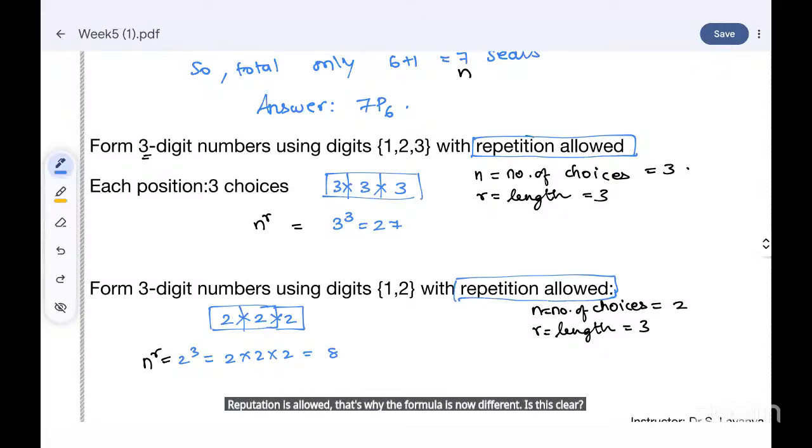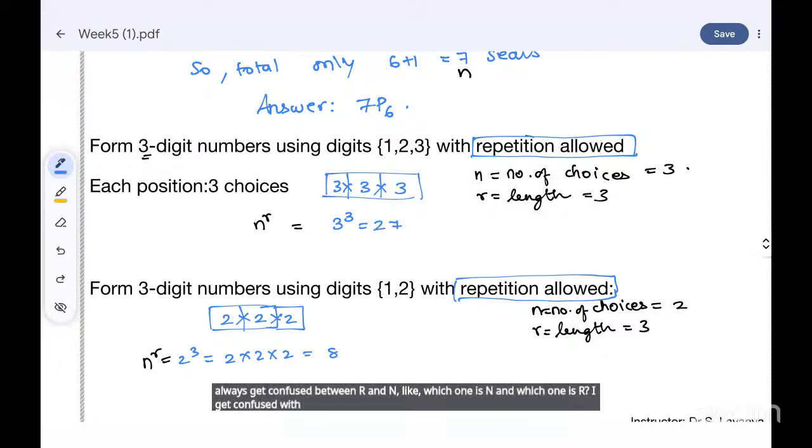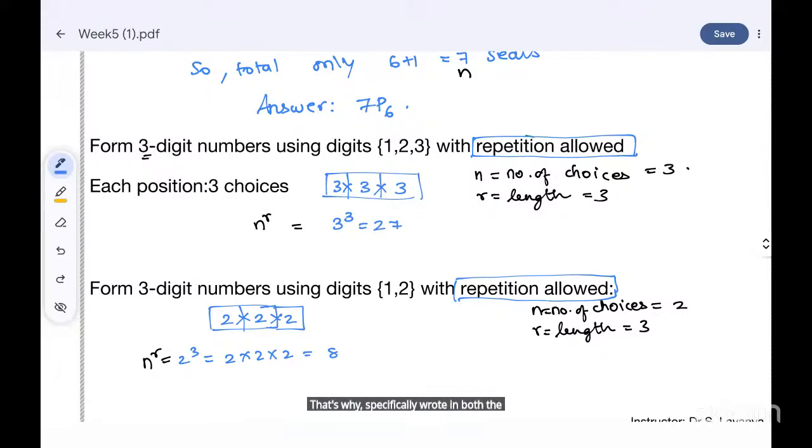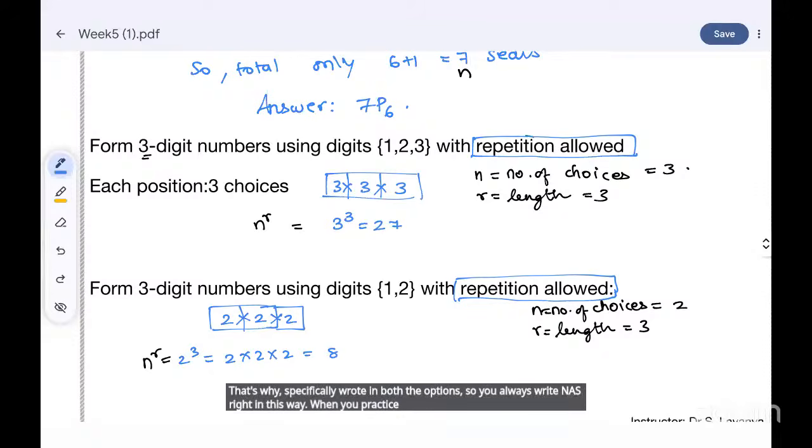I always get confused between R and N when repetition is allowed, like which one is N and which one is R. That is why I specifically wrote it in both the options. So always write it in this way. When you practice, also write it in this way. Instead of just writing n equal to 3, r equal to 3, write what is meant by n. N is the number of choices.